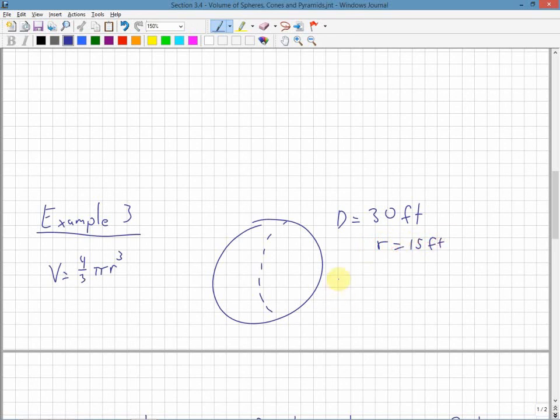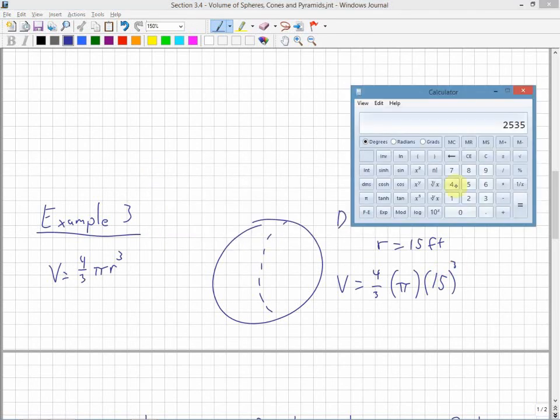Then it's just a matter of plugging my values into my formula. So 4/3 times pi. And this one's only based on the radius or diameter, so it's a little bit simpler. And that's going to be 15 cubed this time. So that's the first thing I'm going to do, is my 15 cubed. Then I can multiply that by pi. And then I have to multiply by 4/3.